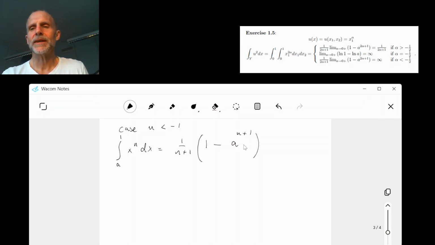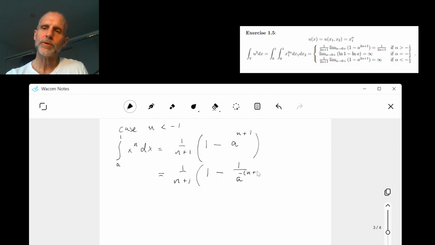And what does that mean? It's maybe easier to see what's happening if I write it like this: 1 over n plus 1 multiplied with 1 minus, and what I'm doing now is just to take 1 over a to the power of minus n plus 1.